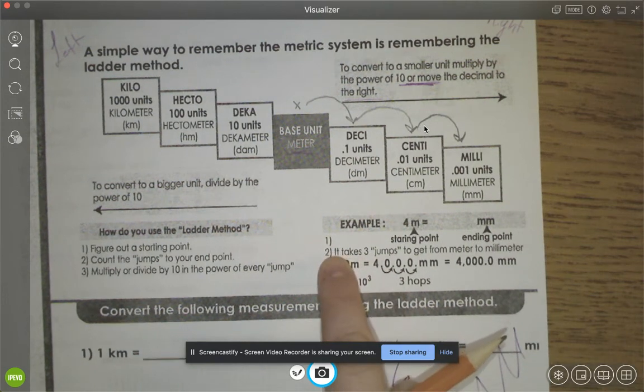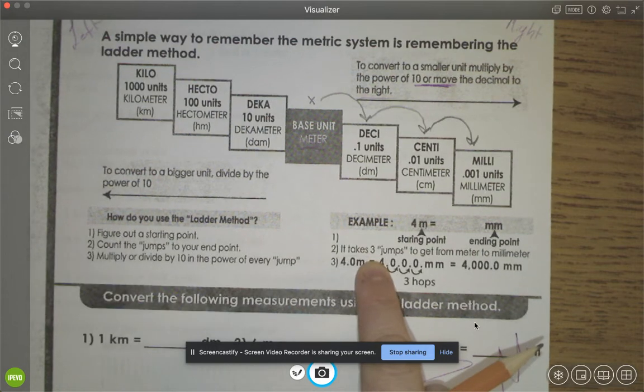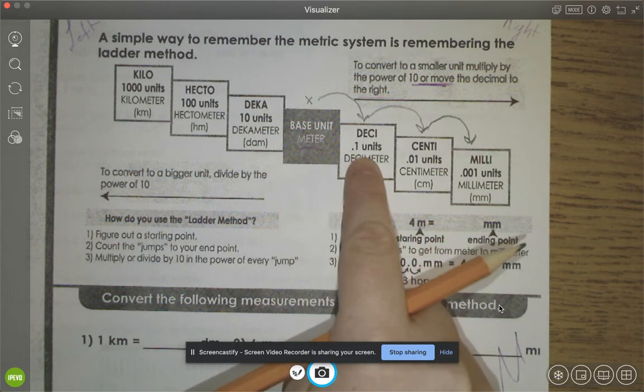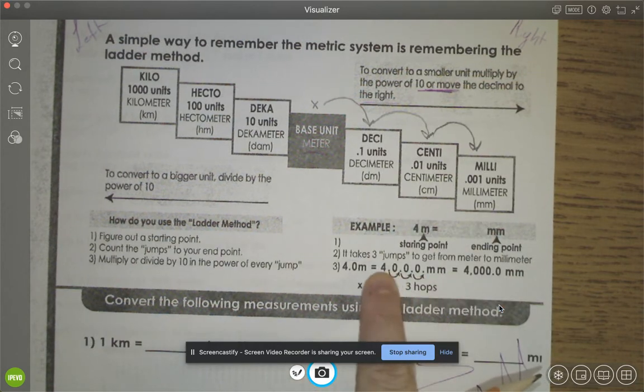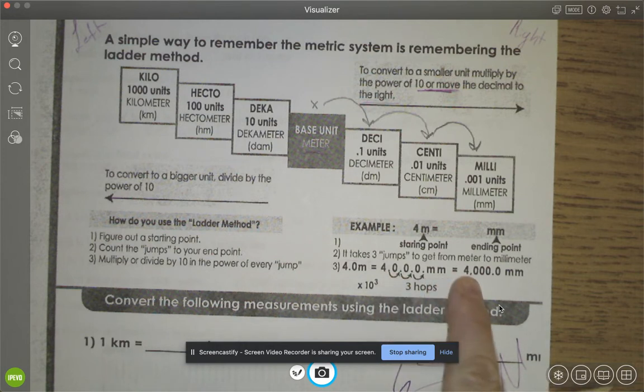So, let's look back at the example. It takes 3 jumps to get from meter to millimeter, right? Here we have 4.0 meters. That's where we're starting. And we go 1, 2, 3, and we get to that millimeter mark, right? And here they show you the jumps, 1, 2, 3 for the millimeters. And that equates to 4,000 millimeters, right?